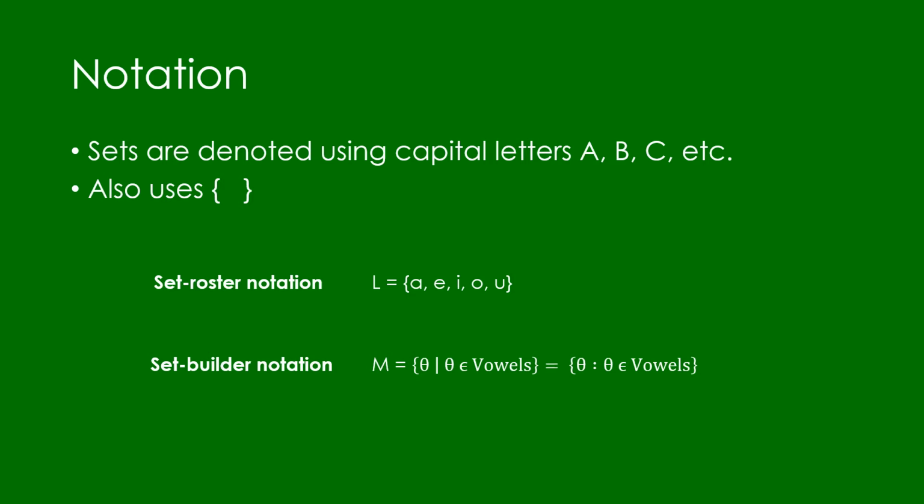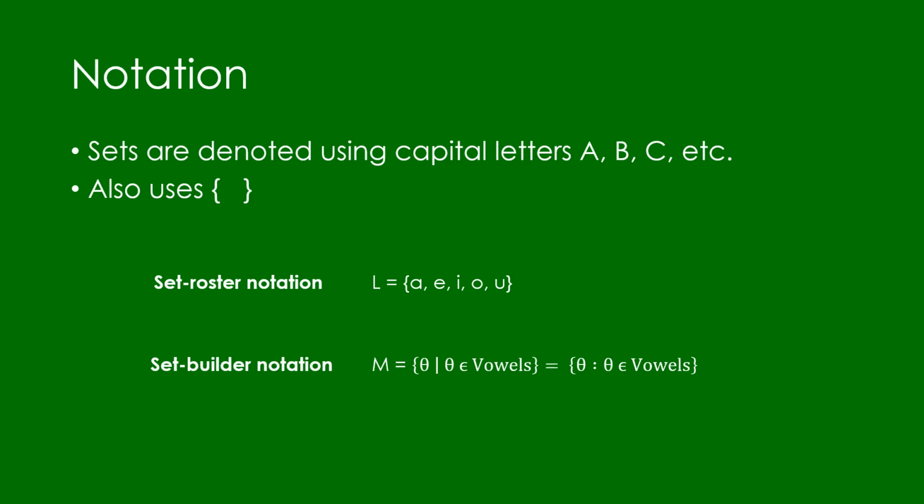The vertical bar and the colon both mean such that, and the E symbol indicates membership. It doesn't really matter what symbol you use for such that, just be cautious about the context. Overall, this reads the set of theta such that theta is a vowel. Remember, sets M and L are essentially the same set, they are just written using different notation.